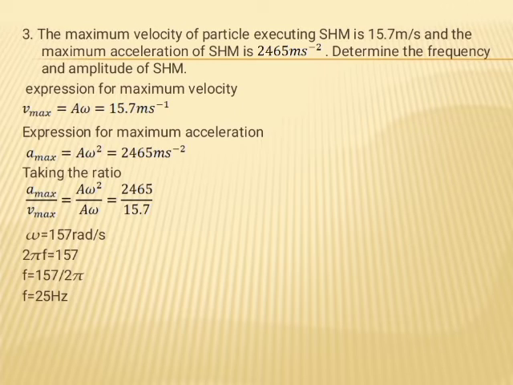Later on, the calculation gives f equal to 25 hertz. So this is the value of your frequency, and the remaining thing is the amplitude of simple harmonic motion, right?